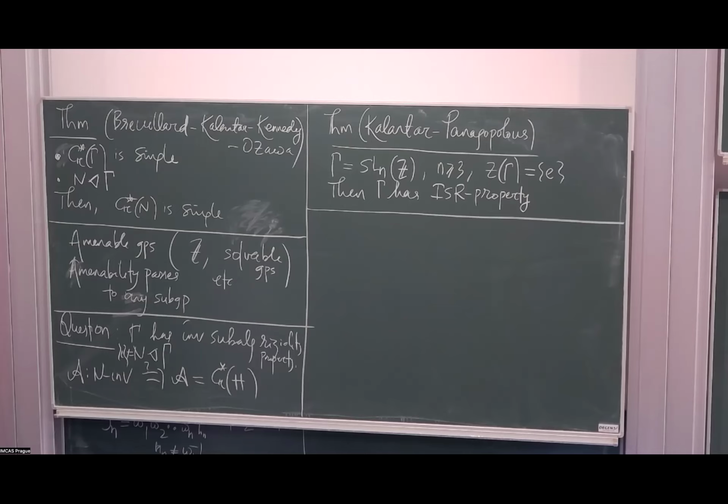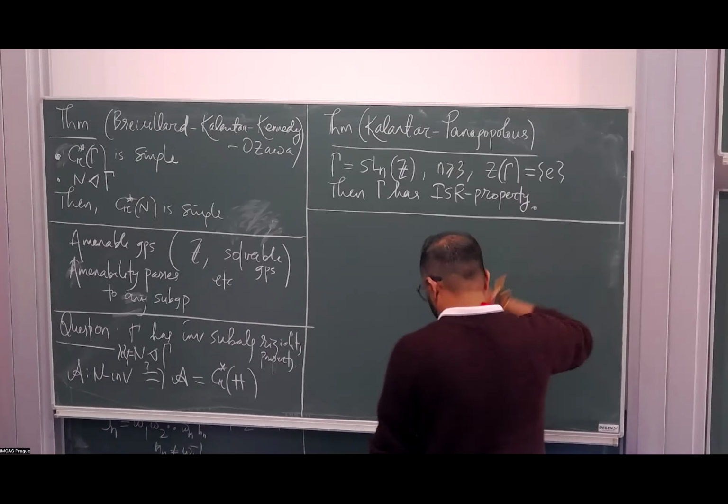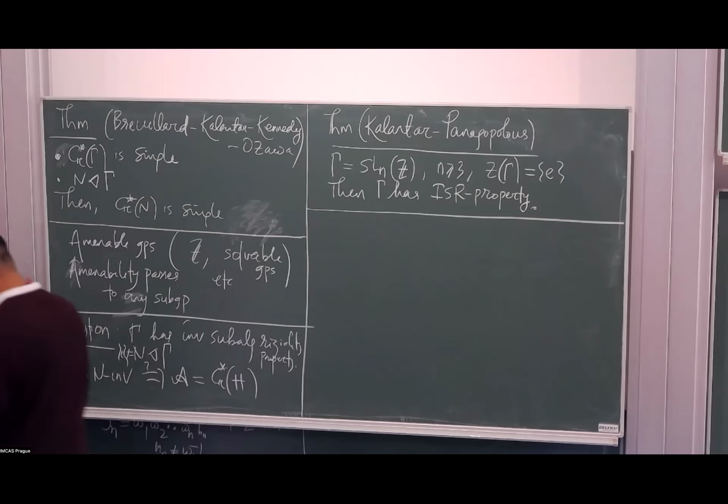Is the trivial center automatic, or is it an extra hypothesis? It's an extra hypothesis, yeah. I mean, you can look at PSL_n(Z), just modding out by the center, and the result still holds. The proof at that point in time involved very powerful techniques of non-commutative Bounded-Harmonic-function theory and so on.